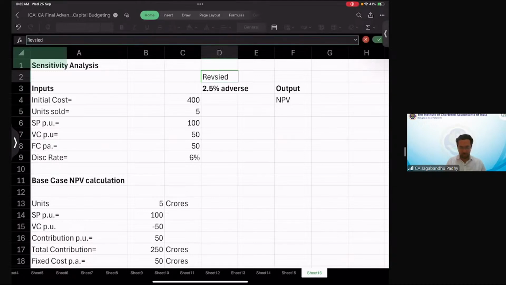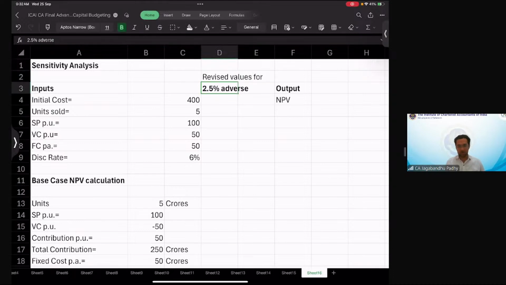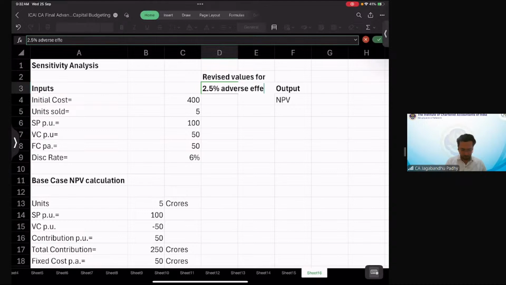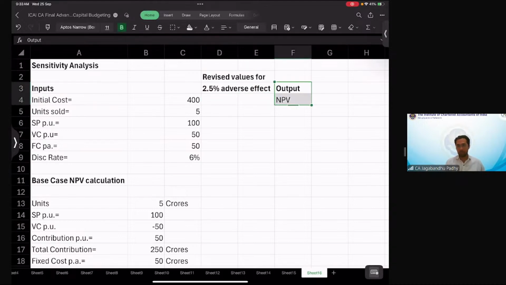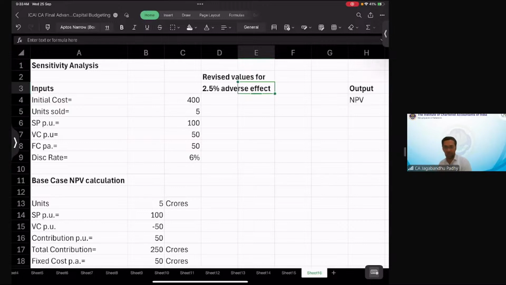What should be the revised values for a 2.5% adverse effect? Tell me. If I want to check that there is some adverse impact due to initial cost to the extent of 2.5%, what should be the new initial cost?